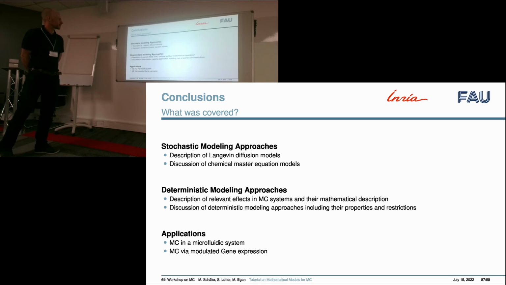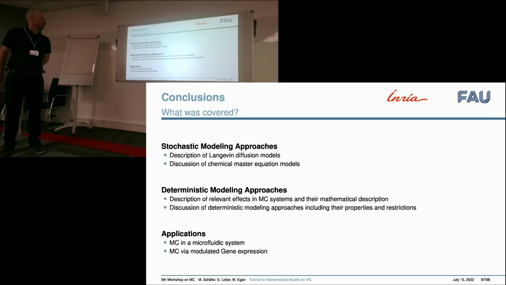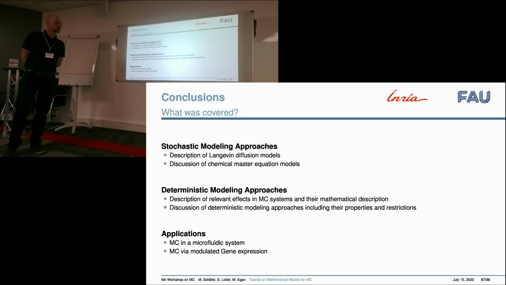Okay, so a brief recap, I guess. In the stochastic part, we have seen largely diffusion models in the first part, and in the second part, we have seen the CME type models. We have also seen how they relate to each other, and in a third bullet point, which is not shown here, we have seen how to connect both of them in terms of the reaction diffusion master equation.